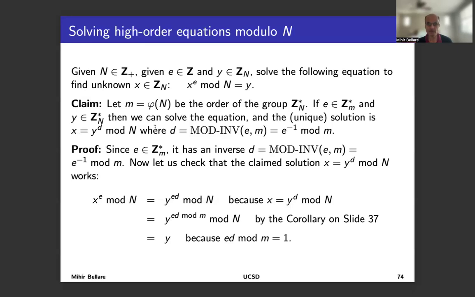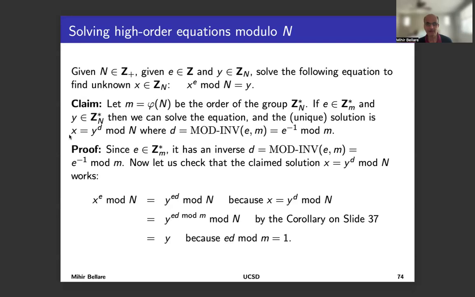Okay, so once we've gotten through all that, I claim that the way we're going to solve this equation is to take the exponent e over here and run it through a mod inverse operation inside this group. So the second argument is m to get some value d. That d can also mathematically be written as e inverse mod m.